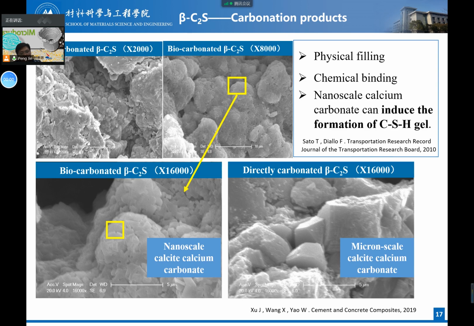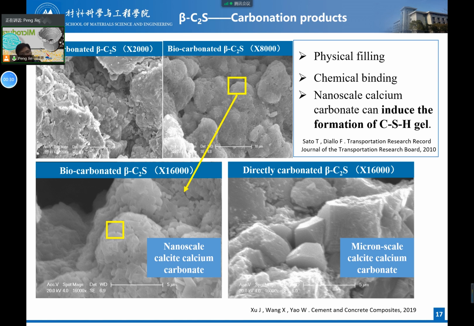On this slide, it is obvious that calcium carbonate in biocarbonated beta-C2S is overlapped nanoscale calcite calcium carbonate, while that in directly carbonated beta-C2S is typical microscale rhombohedral calcite, which might be affected by the extracellular polymeric substances or other organic matters released during the metabolism process of bacteria.